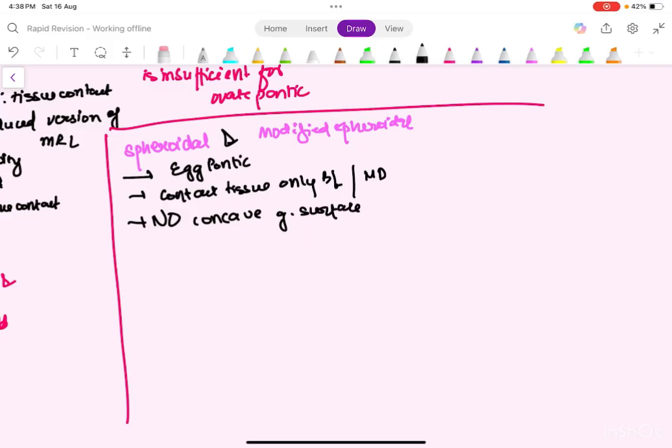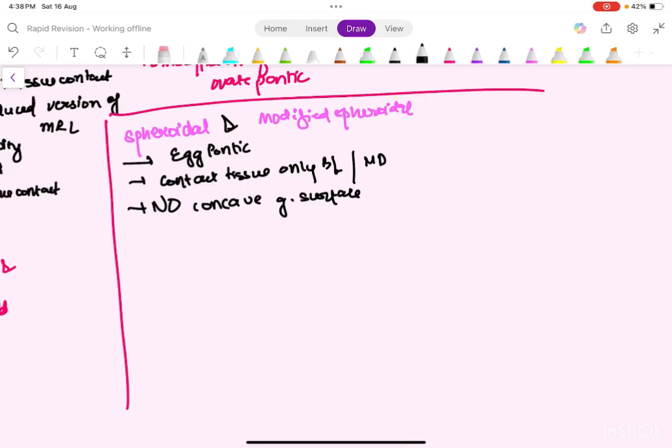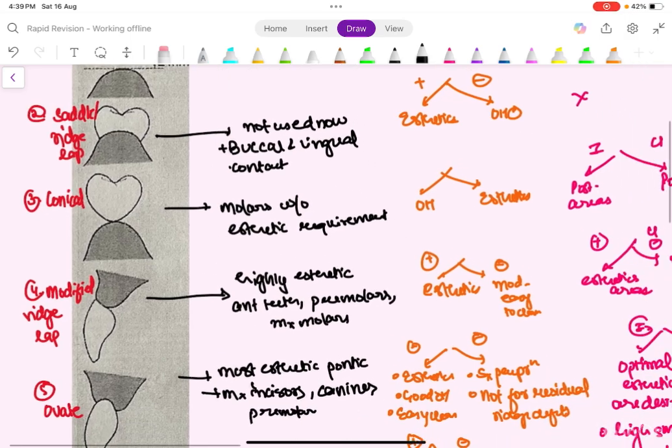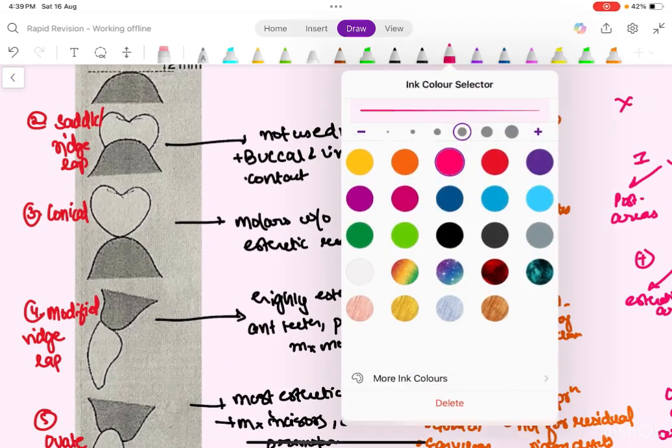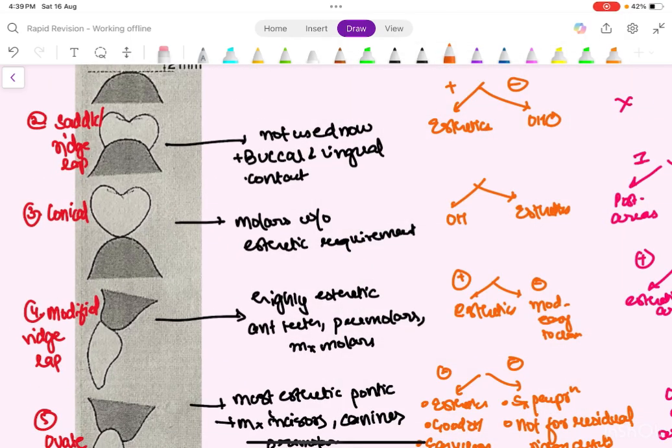Okay, and then these are used in cases with reduced interarch space.